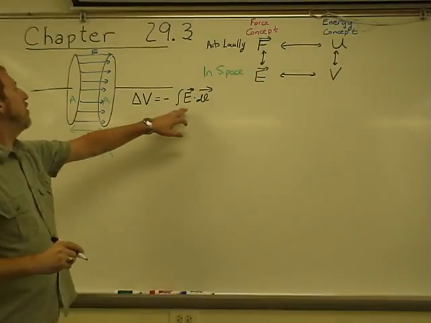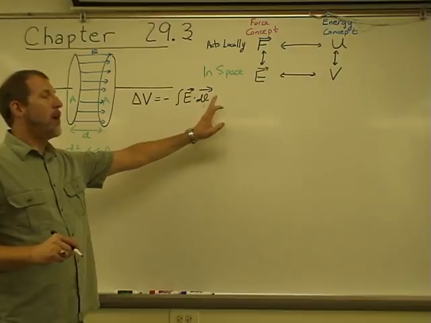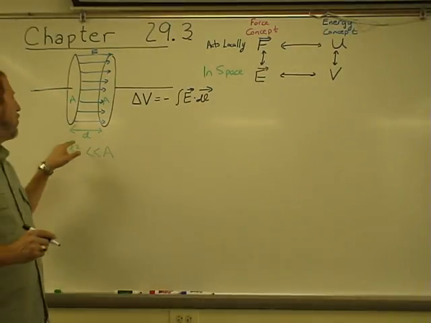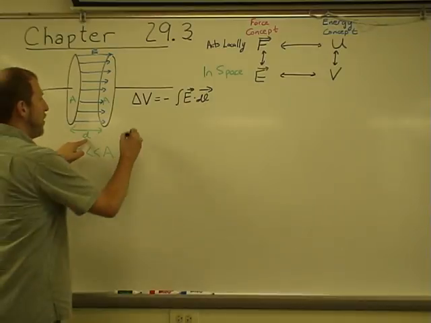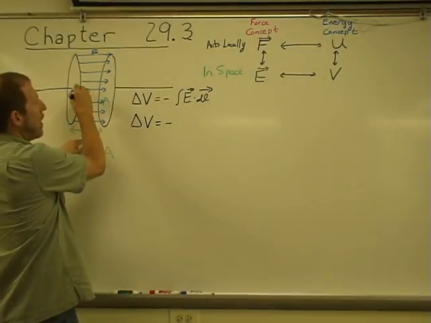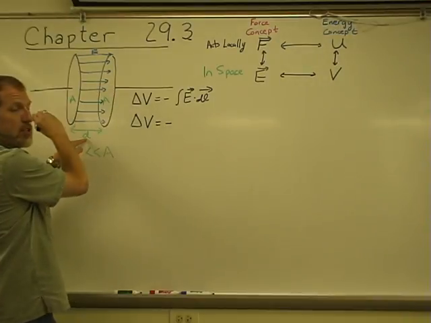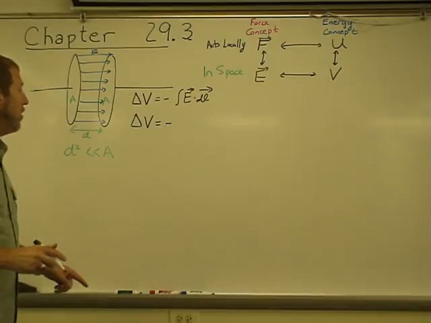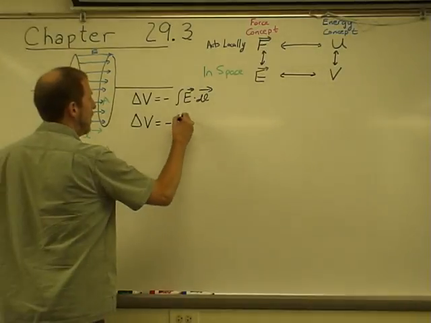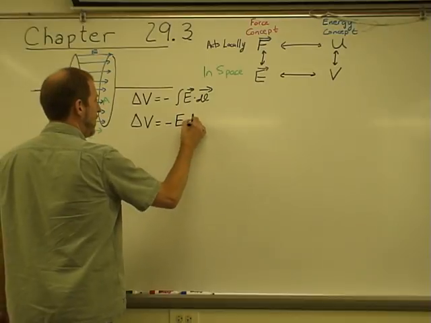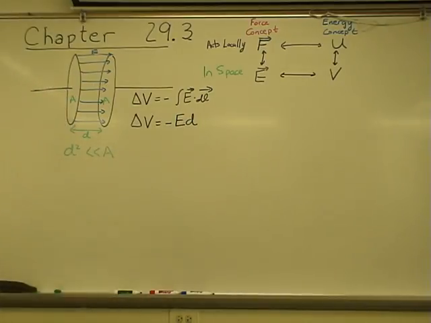So this comes out of the integral. If I'm just looking straight across the gap, then that becomes the length d. So delta V is equal to negative, if I'm going with the electric field, the electric potential is dropping. I'm rolling downhill, as it were. The electric field times d.